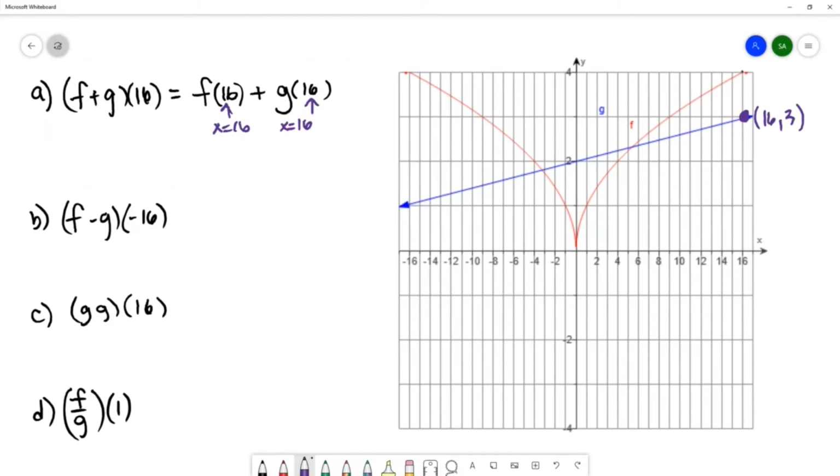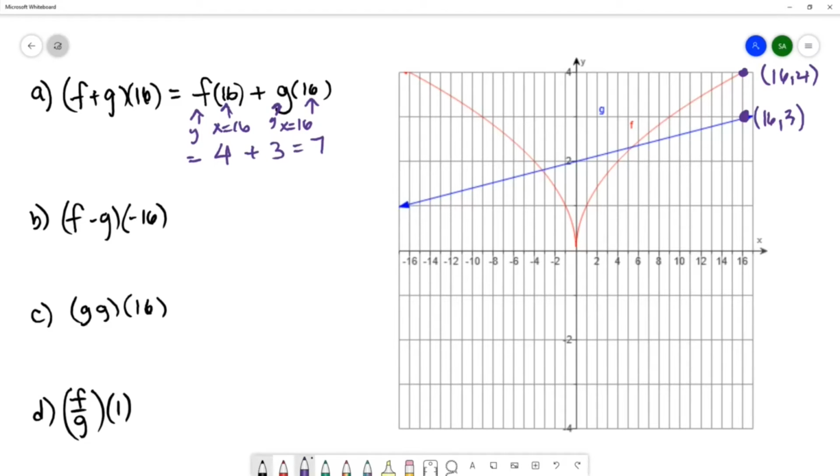And then on the graph of f, that looks like 16,4. So I'm identifying the y coordinate on both of these. So f of 16 would be 4, g of 16 would be 3, and I want to add those results together to get 7.